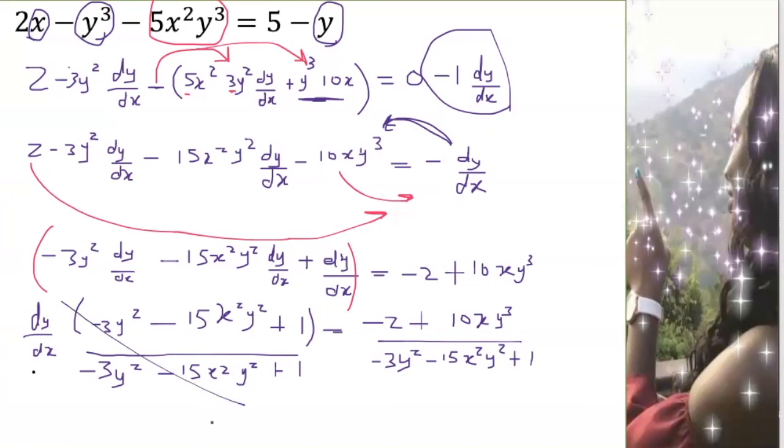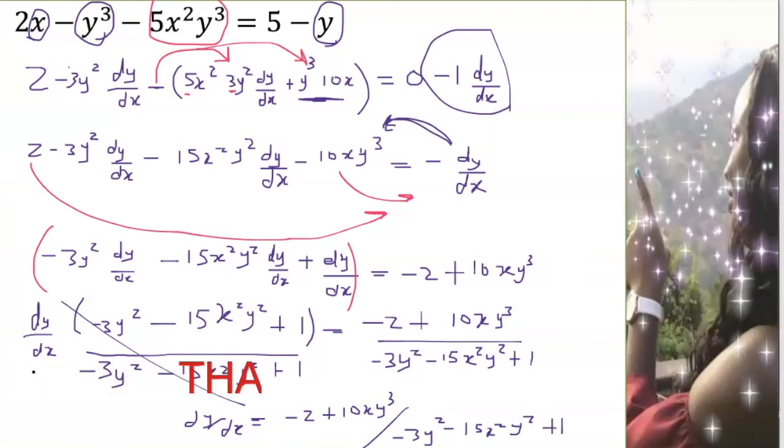This cancels. So what am I left with? I'm left with dy over dx is equal to minus 2 plus 10xy cubed over minus 3y squared minus 15x squared y squared plus 1. And that's it. This is the derivative.